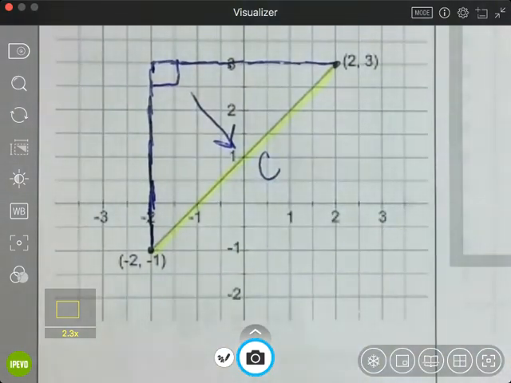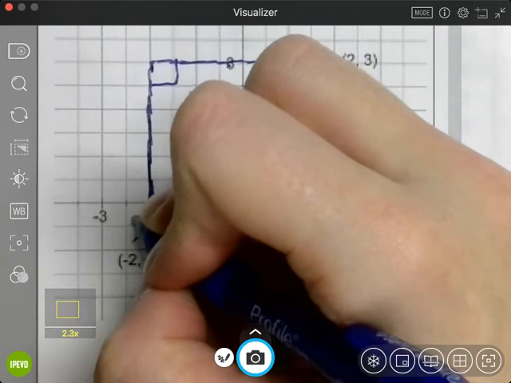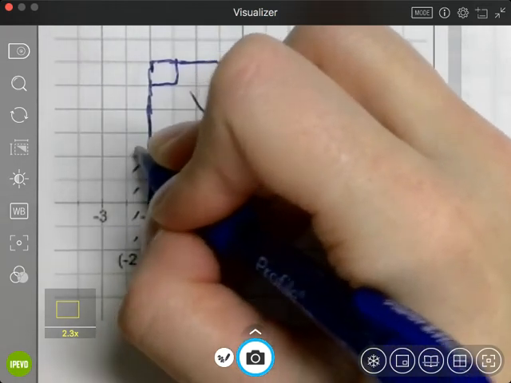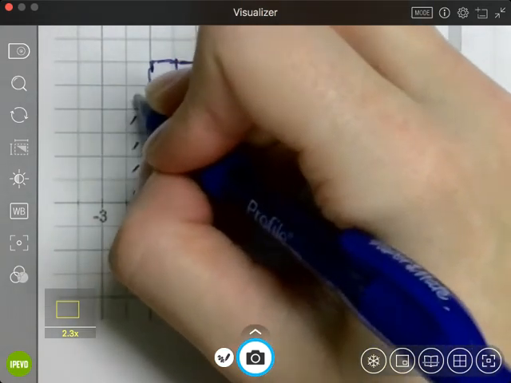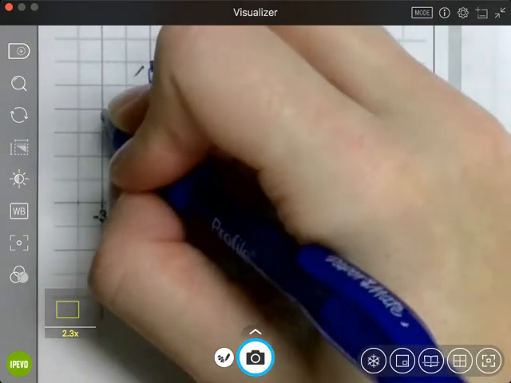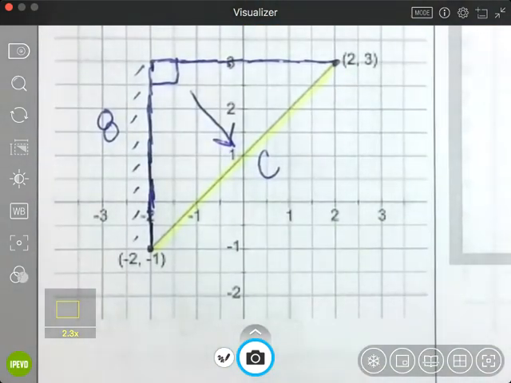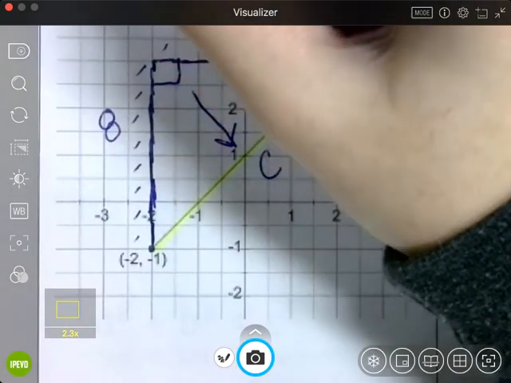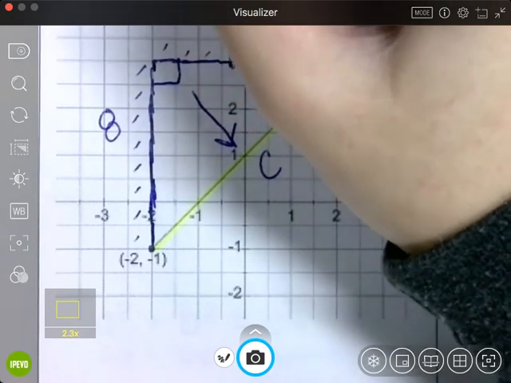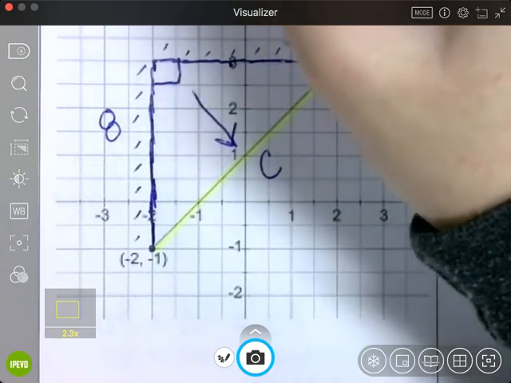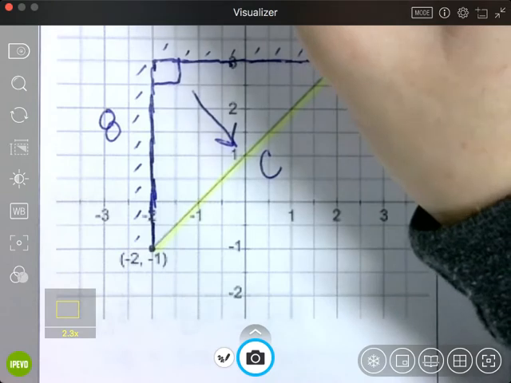So how many boxes is it up and down? 1, 2, 3, 4, 5, 6, 7, 8. How many is it left to right? 1, 2, 3, 4, 5, 6, 7, 8.